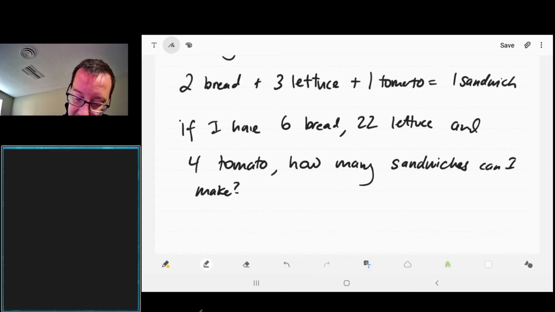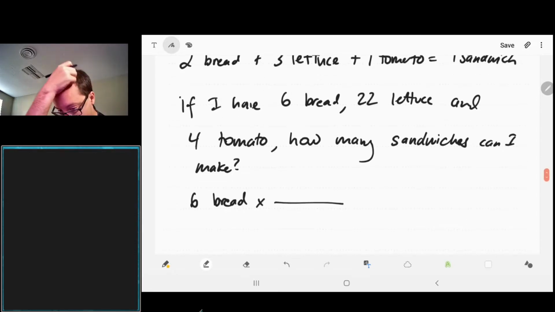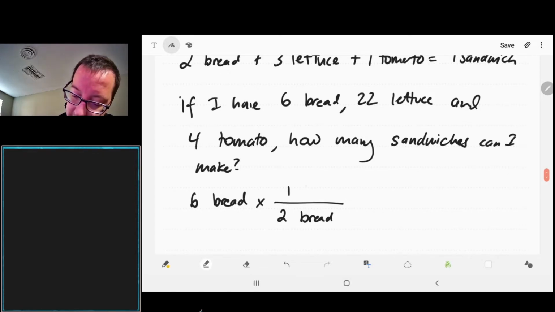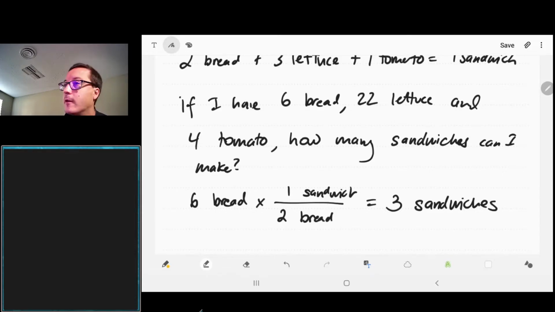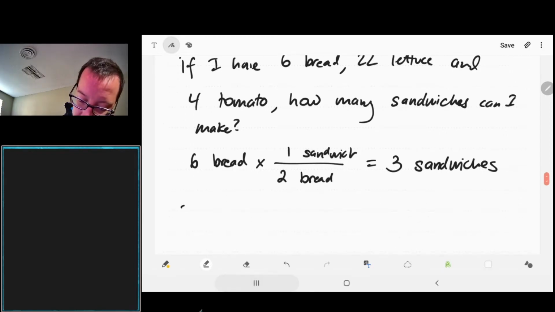So let's go ahead and look at the bread. I have 6 breads. That's what the problem says. And I know that I need 2 bread to make 1 sandwich. And so from this, I can make 3 sandwiches. Hooray. I have 22 pieces of lettuce.